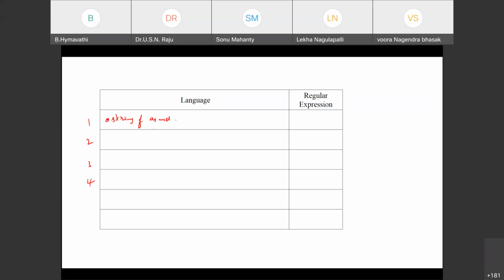Strings of A's and B's starting with A, ending with B. A's and B's of given length.